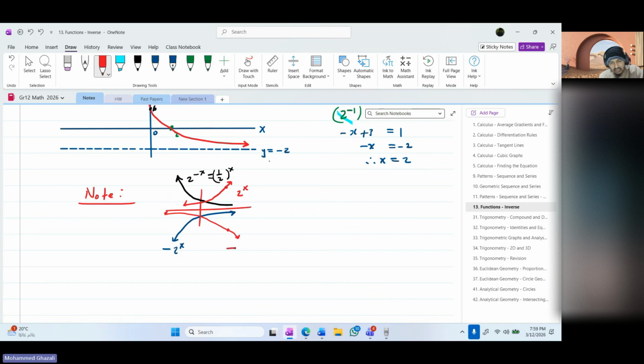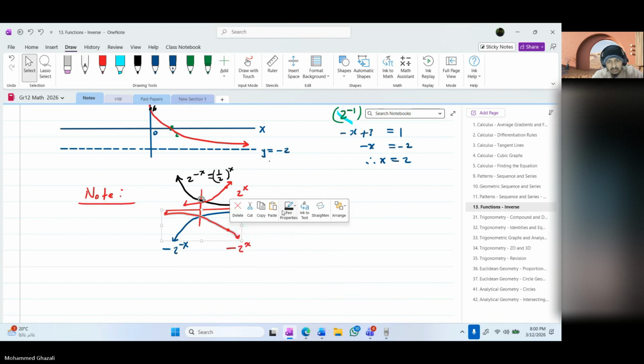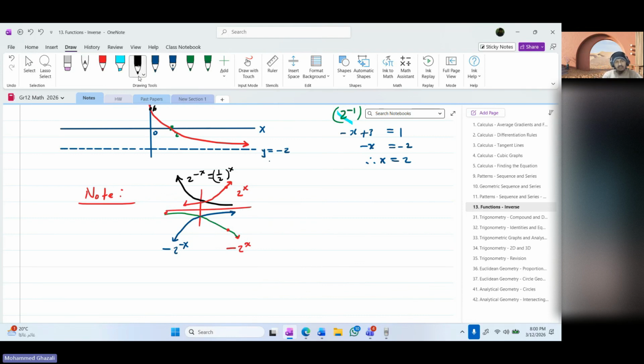So the y value becomes negative. Yeah, this is -2 to the power -x. And you just change this to a different color. Yeah, that makes sense.